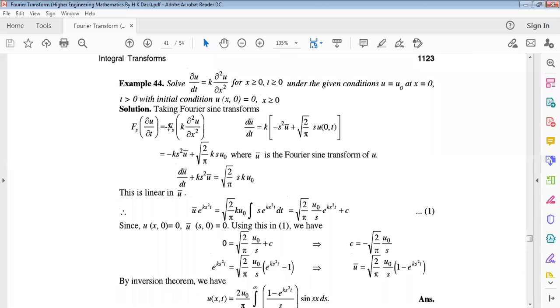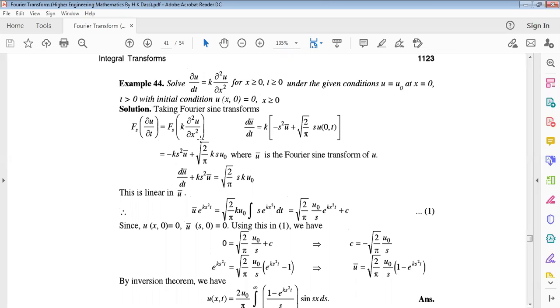Similar process, example 44. Using the Fourier sine transform, we have to solve this partial differential heat equation, using this boundary condition; the initial condition is this.